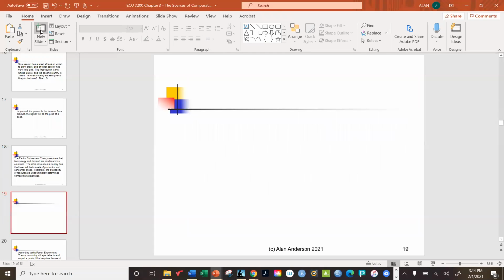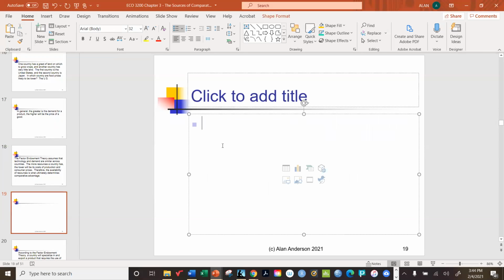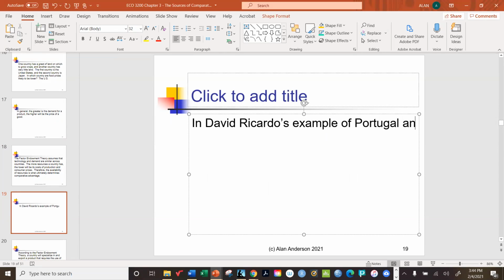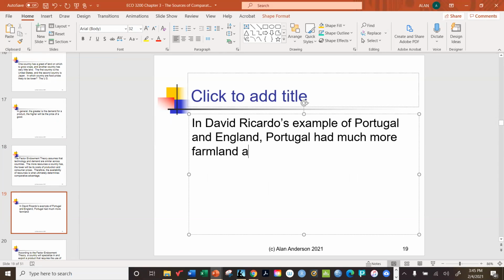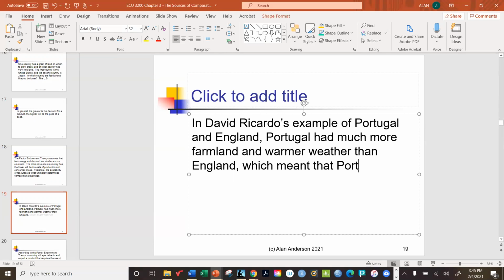So let's think back to David Ricardo and Portugal and England. In David Ricardo's example of Portugal and England, Portugal, again at the beginning of the 19th century, had much more farmland and warmer weather than England, which meant that Portugal had a comparative advantage in the production of wine.